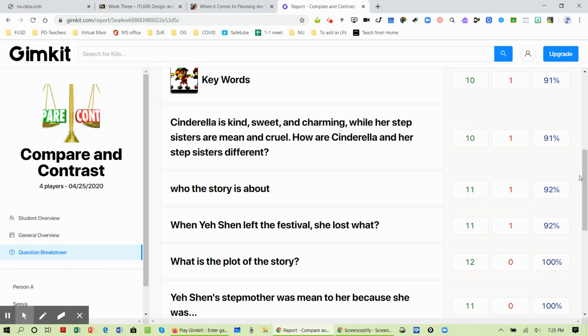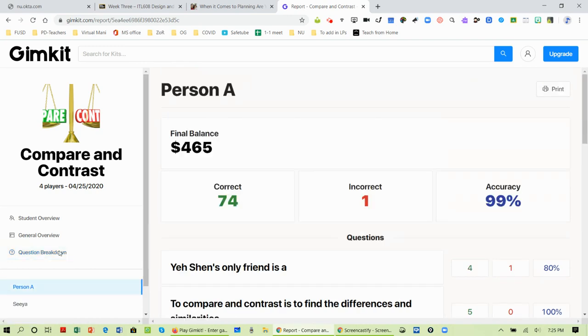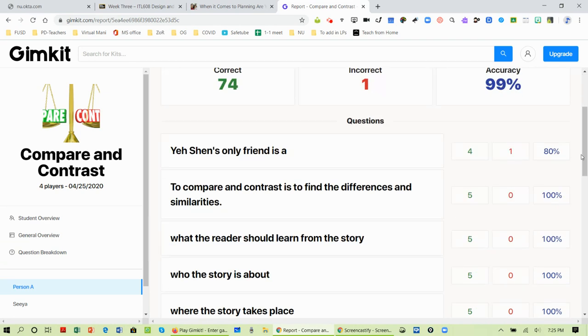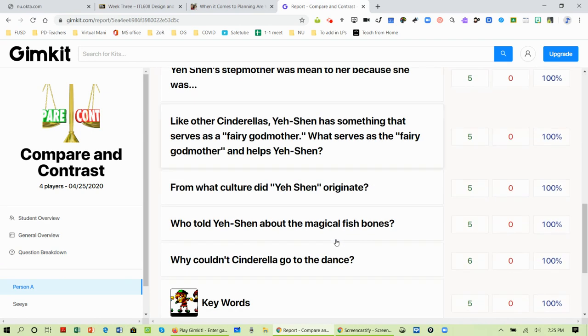So this is a very good formative assessment, and it's fun for the students. You can also click on each of the students' names to see what they got, which questions they got right and which questions they got incorrectly.